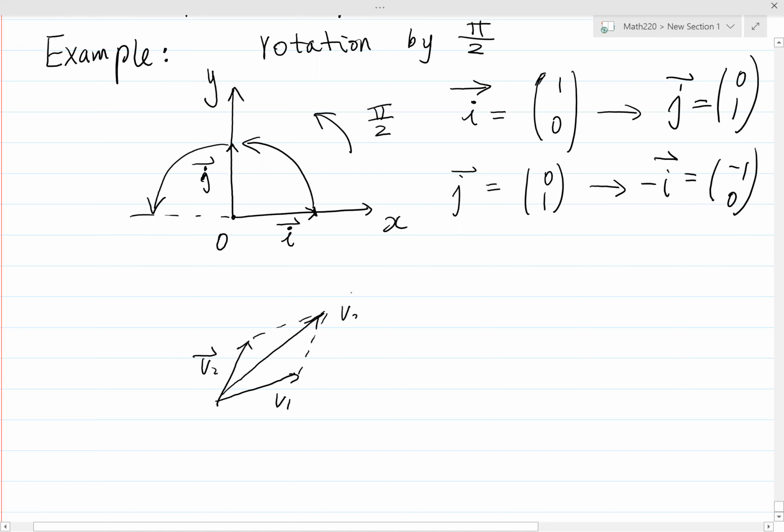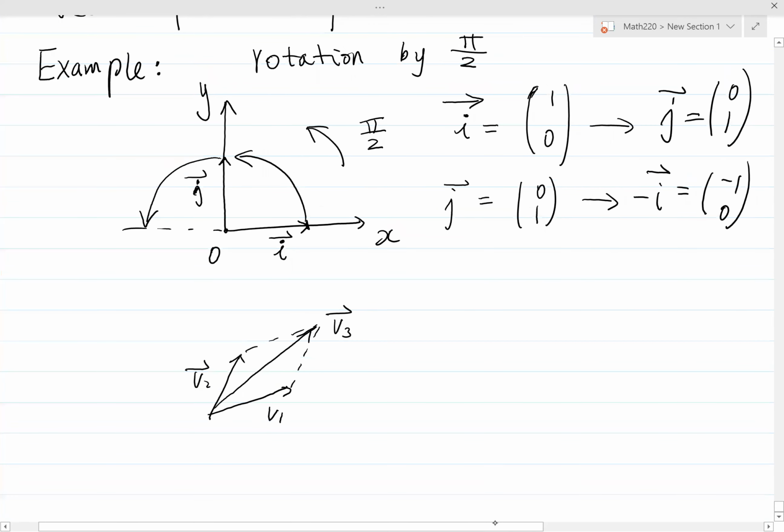Now if we rotate this by power 2, we still have a parallelogram. If we rotate this parallelogram, we again obtain a parallelogram. So the addition law is still preserved.